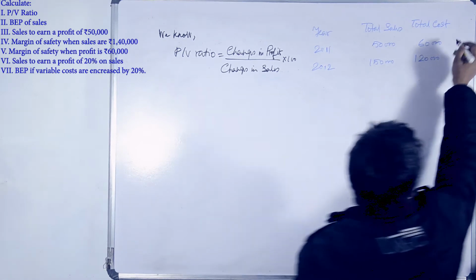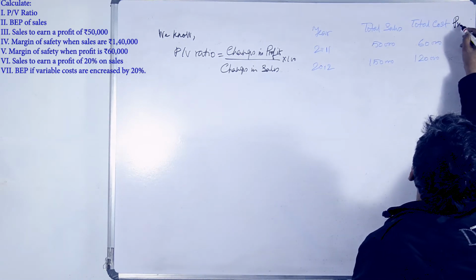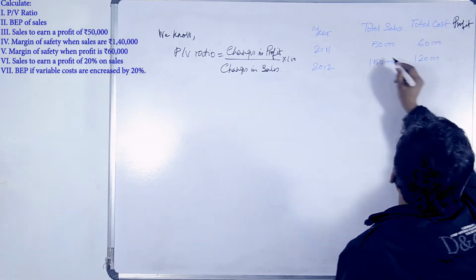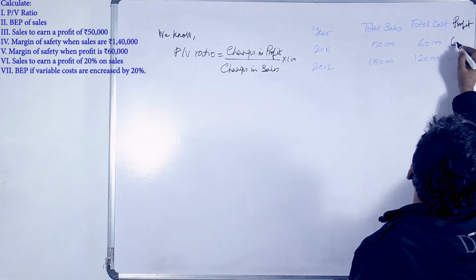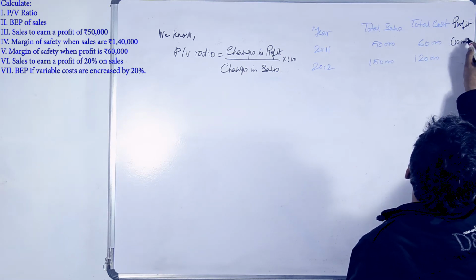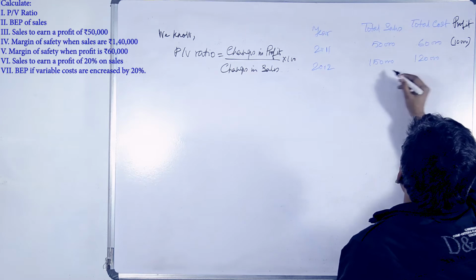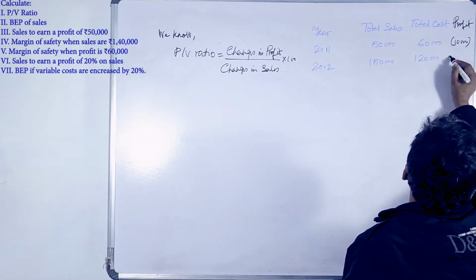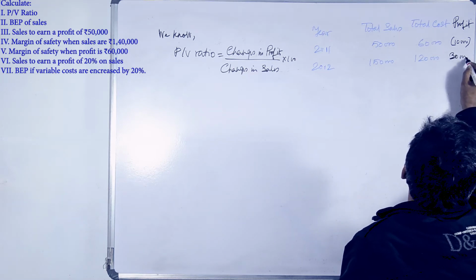Then if we want to calculate profit, it will be 50,000 minus 60,000, or yeah, we are getting a loss. And over here 1,50,000 minus 1,20,000, that is 30,000, that is our profit.